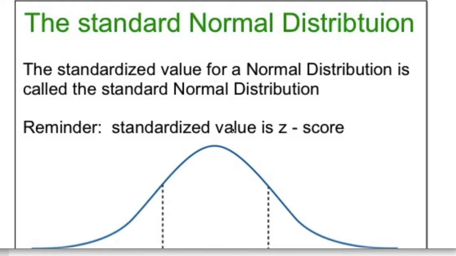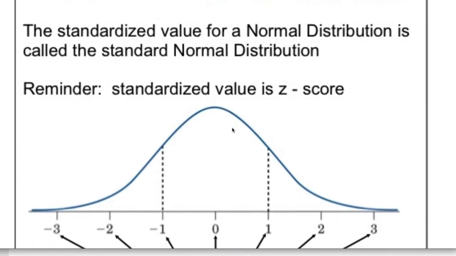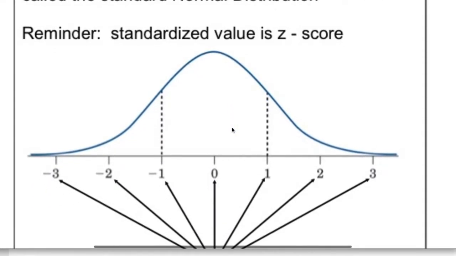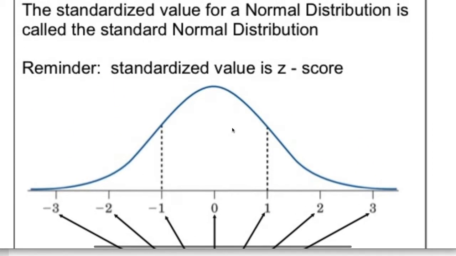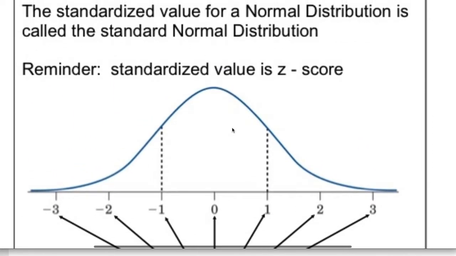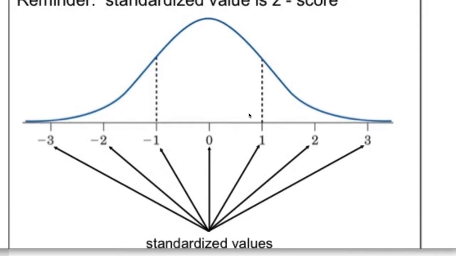All right, so today we are going to continue talking about normal distribution, the normal curve. And what we did last time was we used that 68, 95, 99.7 rule to talk about very exact standardized values. Now remember, a standardized value is called a z-score, and so all these numbers on the chart are one standard deviation above the mean, 2 standard deviations above the mean, 3 standard deviations above the mean, 1 below, 2 below, 3 below.